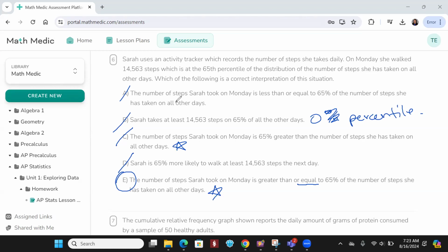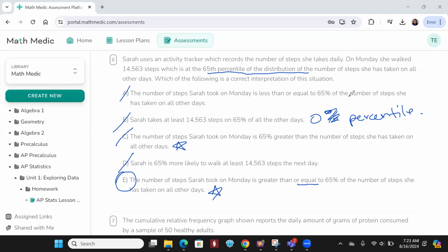Why A is wrong. The number of steps Sarah took on Monday is less than or equal to 65% of the number of steps she's taken on all other days. Victoria, you want to describe why it's greater than, not less than? Because the percentile talks about how it is better than other scores, we would describe all the other days as being less than 14,563.